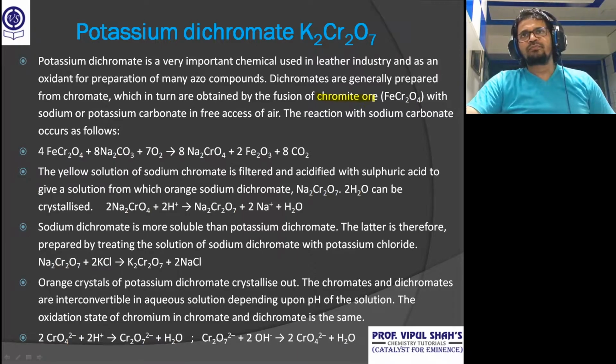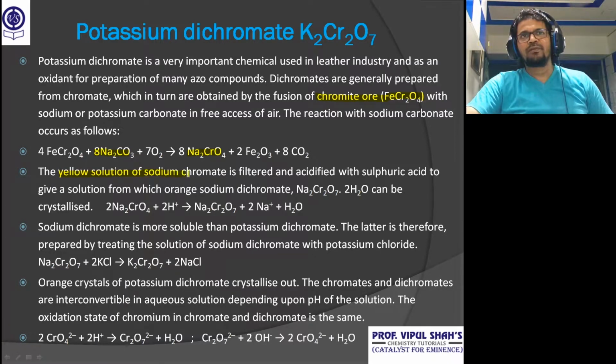Chromite ore, that's FeCr2O4. The chromite ore is first made to react with sodium carbonate, where it gets converted to Na2CrO4, that is sodium chromate. That's a yellow colored solution.